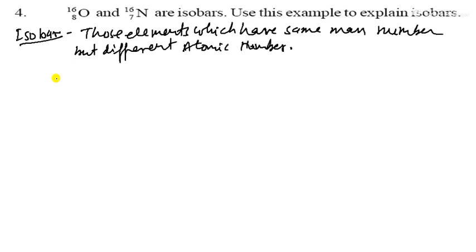So you can see here, oxygen is 8 and 16, and here is nitrogen, it is 7 and 16.